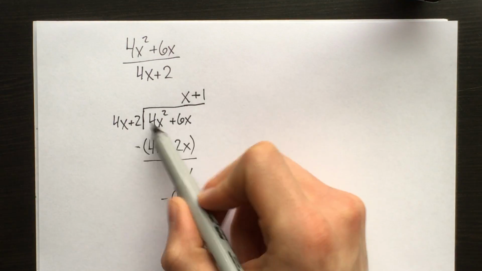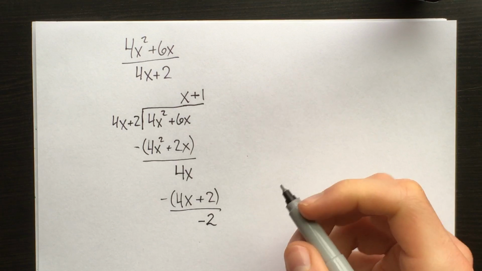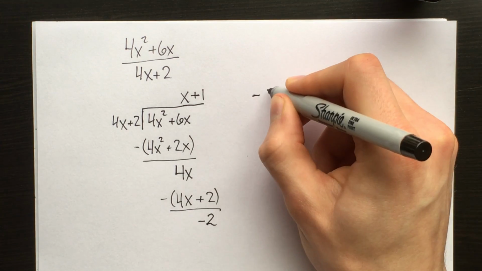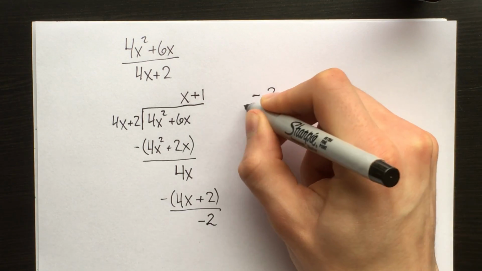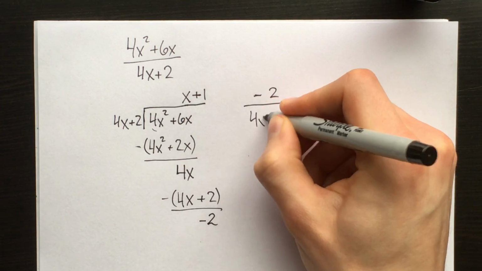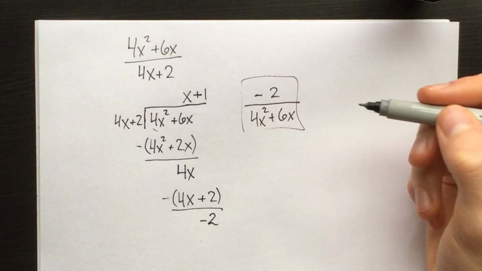So again, this divided by this, we got x plus 1, and then we're going to have to use our remainder. To express remainders, whatever you get at the bottom here, you just put it over whatever you're dividing. So negative 2 over 4x squared plus 6x. This is your remainder.